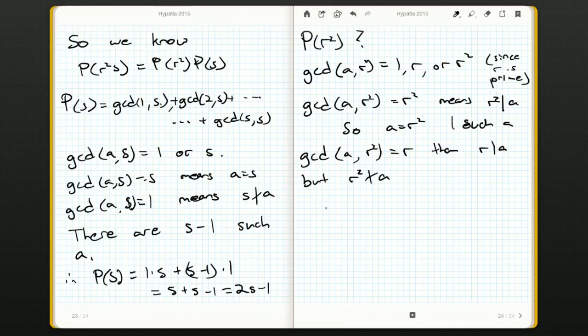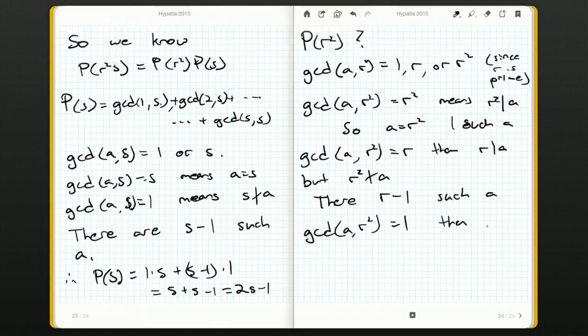Okay? Now there's r many values from 1 to r squared that are multiples of r. Every rth value is a multiple of r. But there's one value from 1 to r squared that is a multiple of r squared. So we have to take that off. Now if we want GCD of a and r squared equals 1, well, that's whatever's left over.